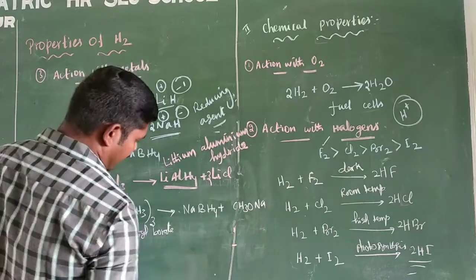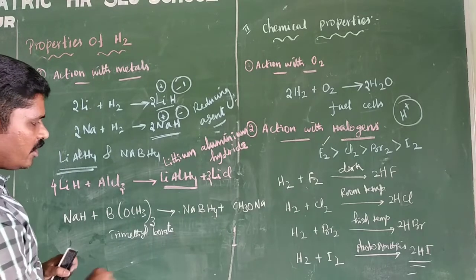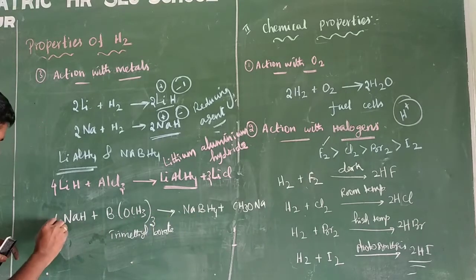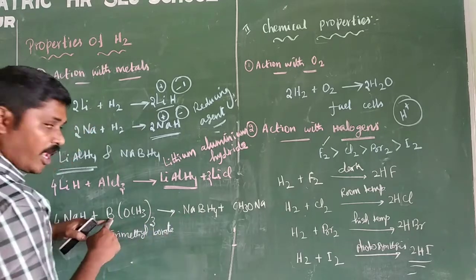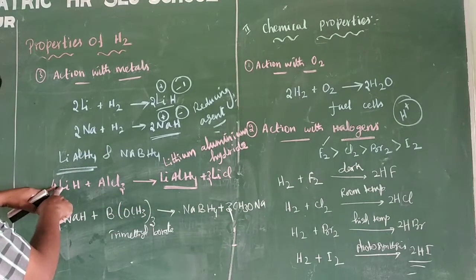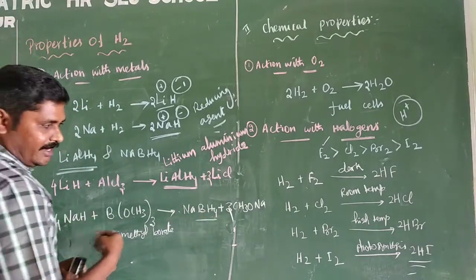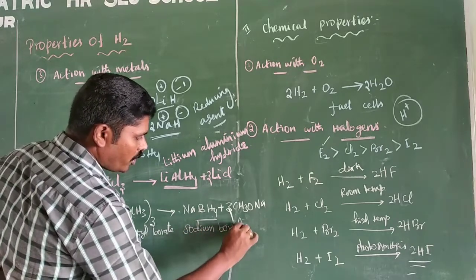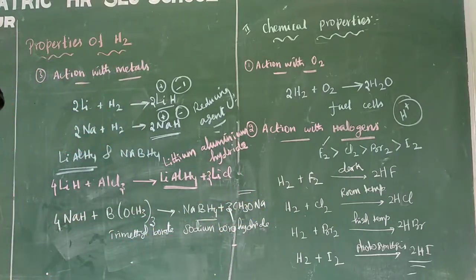How many hydrogen? Four hydrogen. Four sodium, already one, so boron one, and three sodium methoxide. So the balanced coefficients are 4, 4, 1, 1, 1, 1, 3, 3. This gives sodium borohydride and sodium methoxide.